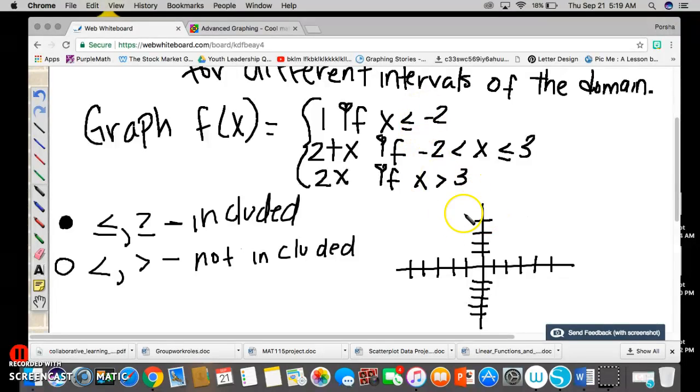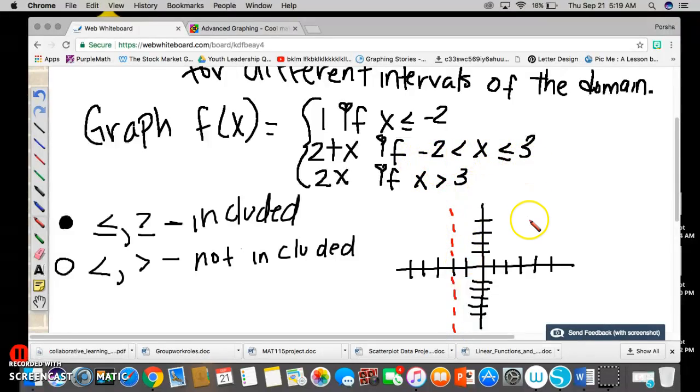Alright, so let's go ahead and kind of separate our intervals. So the first one we have x is less than or equal to -2. So I'm going to use a different color, and I'm just going to put like a wall, meaning that that equation cannot go past that wall.